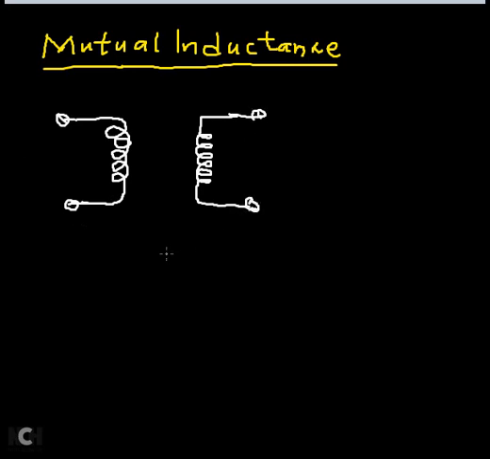Now, if the current supplied to the primary varies with time, what happens? It will induce a varying flux.